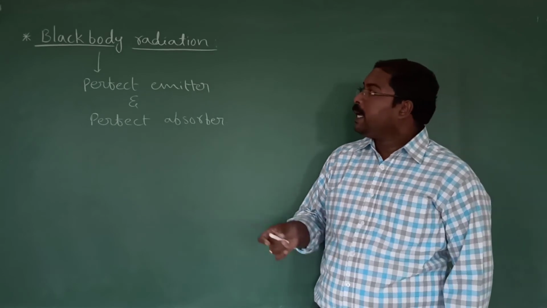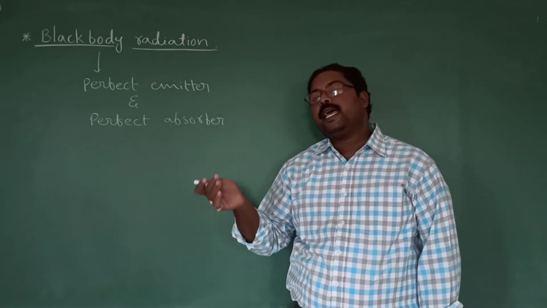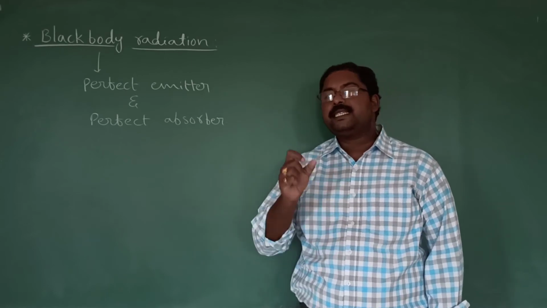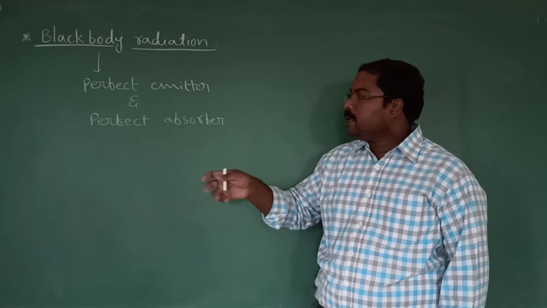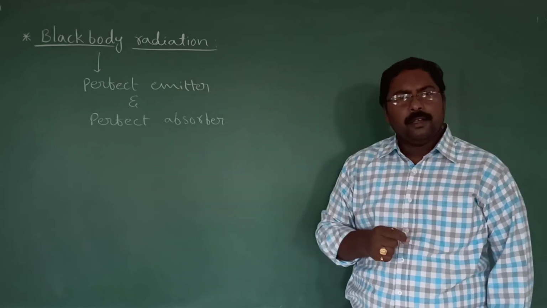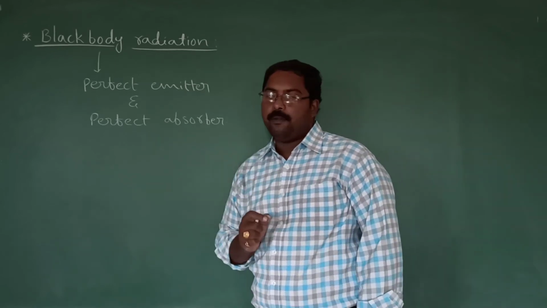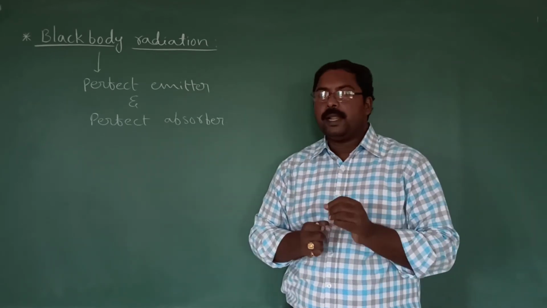Because a black body can emit all types of radiation, means radiations of different frequencies or wavelengths, as well as it can absorb the radiations of all types of wavelengths. Okay.